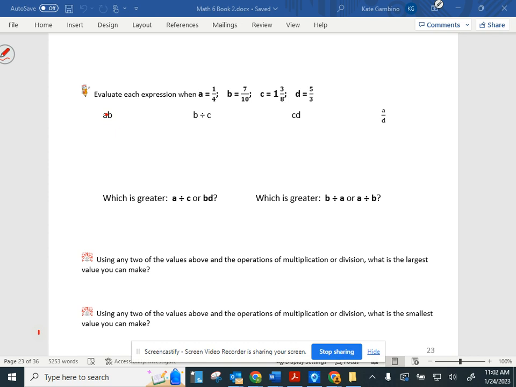So I'm going to put in my variable for A, 1/4, and I know it means multiply by my B, 7/10. So now I'm doing the same math that I did at the top of the page, multiplying across. But you have to remember when those variables are right next to each other, it means we multiply.